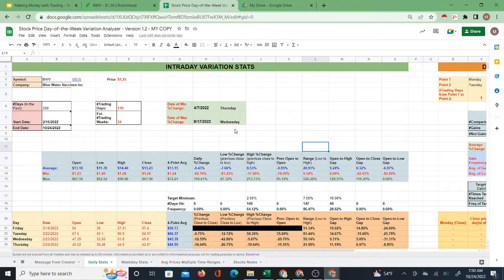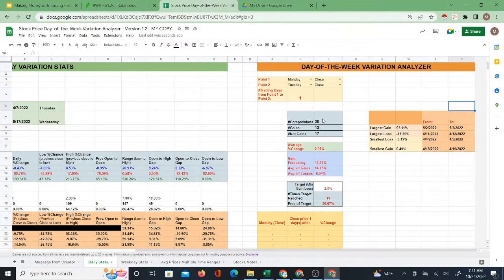It's a penny stock, so you can easily buy full shares of it because it's only $1.25. But you can see the range: 20.93% is the average range inside of a day. So it can go up a lot. It can grow a lot in a short amount of time.